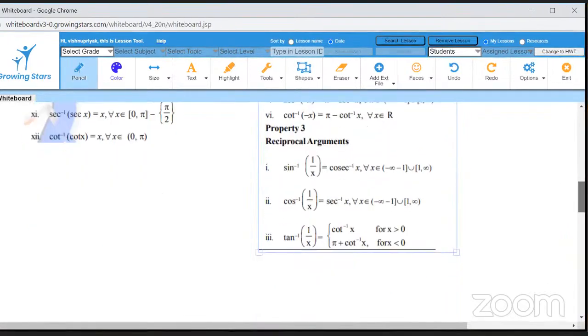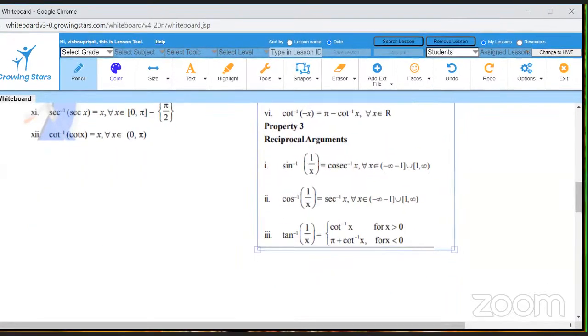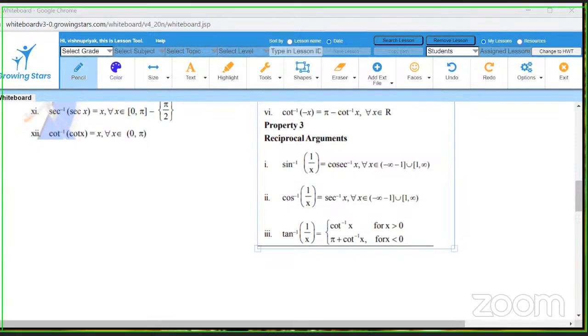I'll scroll down. Many properties are there. I'll put the properties one by one. Learn these.